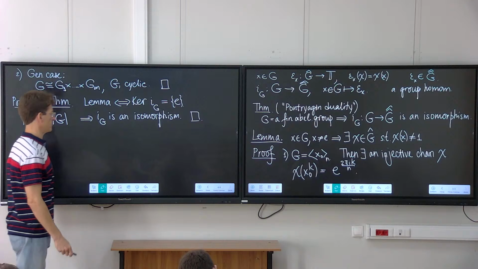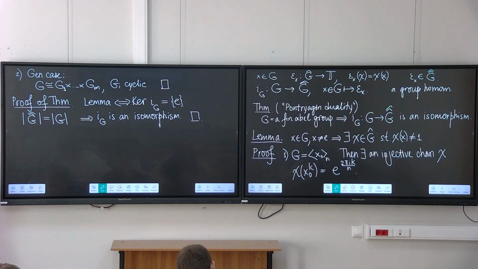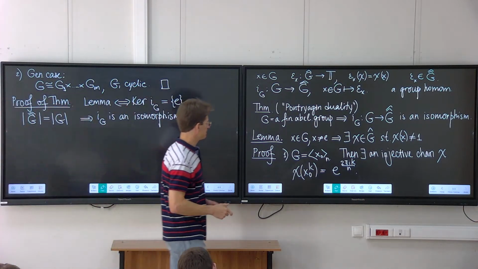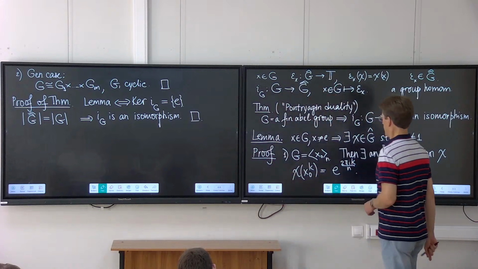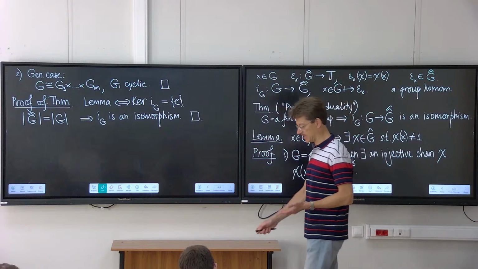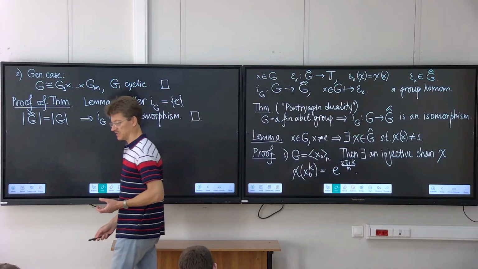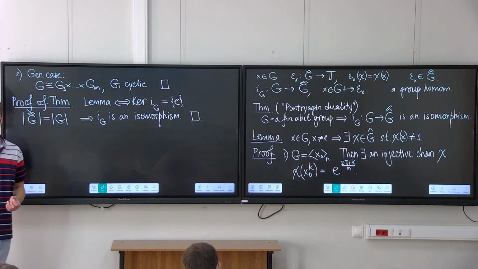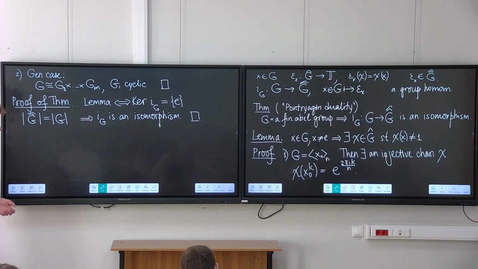And this completes the proof. Okay, this is a very simple result, but what is essential here is that it turns out that this result extends to an arbitrary locally compact abelian group.